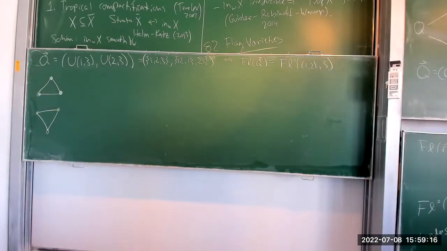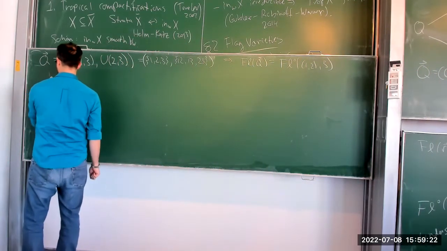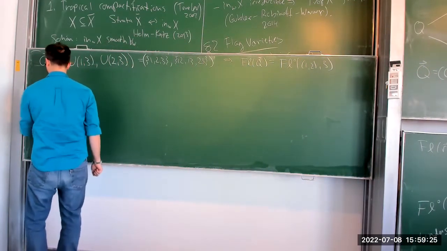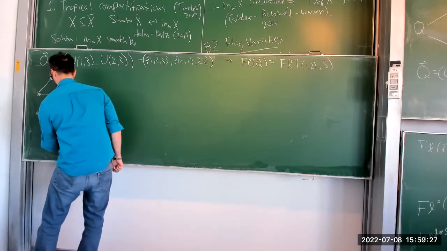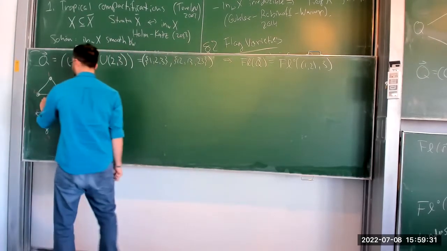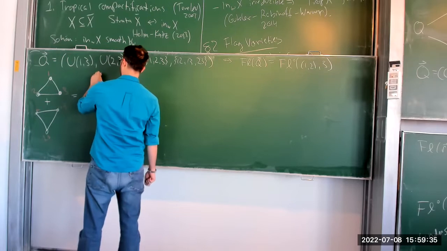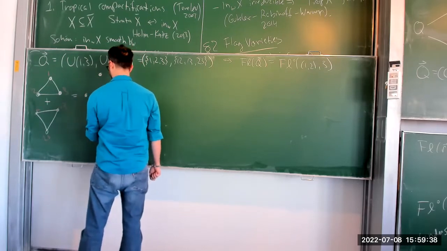Let's label the vertices. So this is something like 1, 2, 3, 12, 13, 23. And so let's take their Minkowski sum. And you get a hexagon.